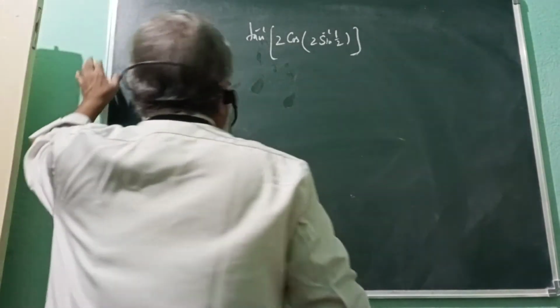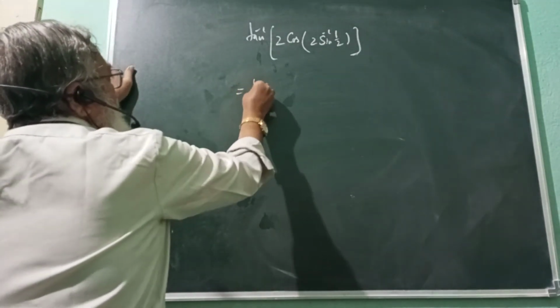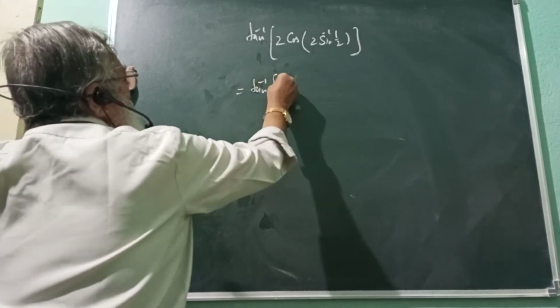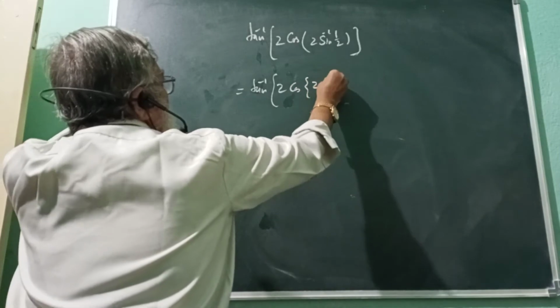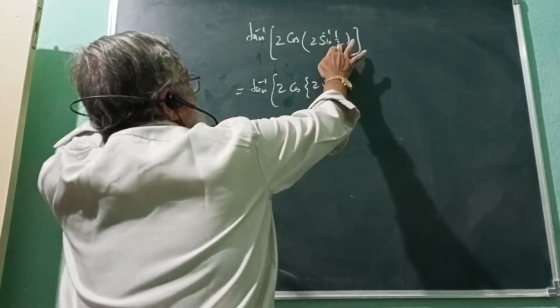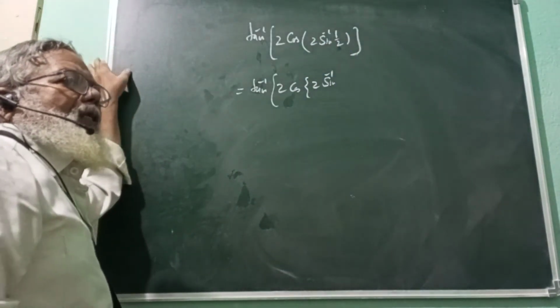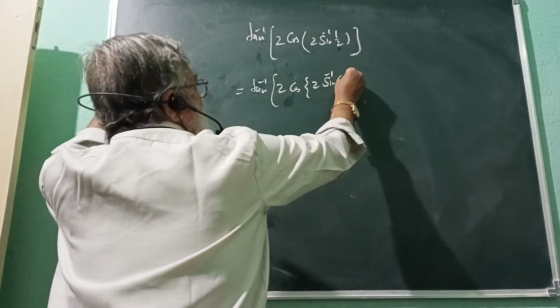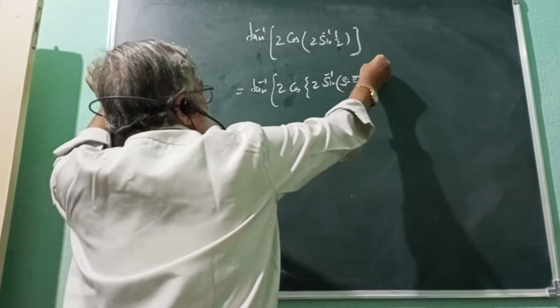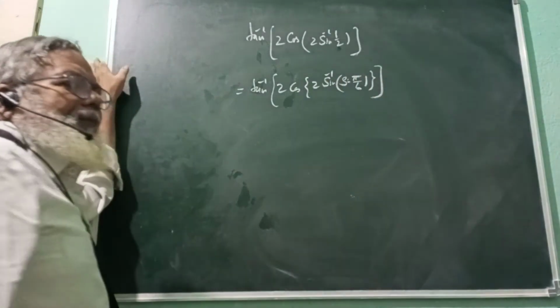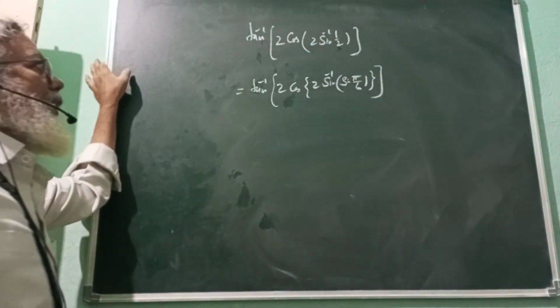Now here, we have to write down the value of 1 by 2 in terms of sin. We know sin 30 is equal to 1 by 2, sin pi by 6. Look here, sin pi by 6 is 1 by 2.